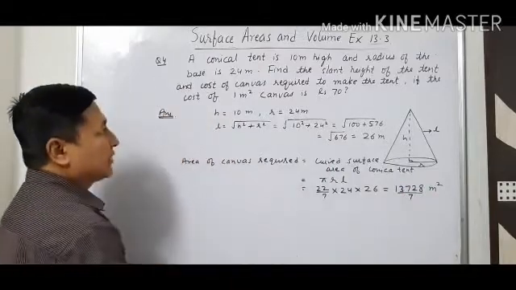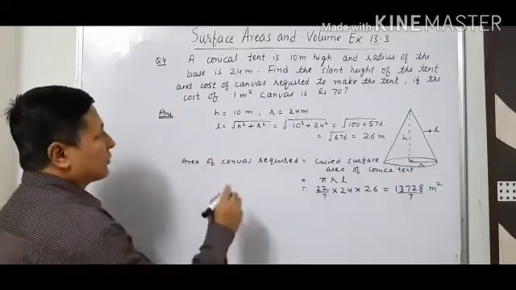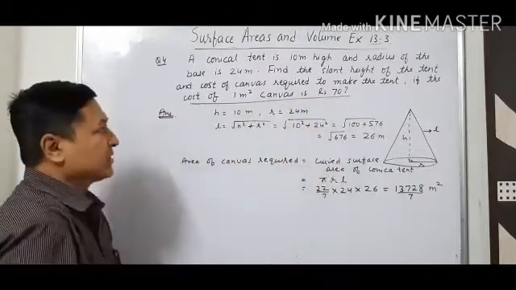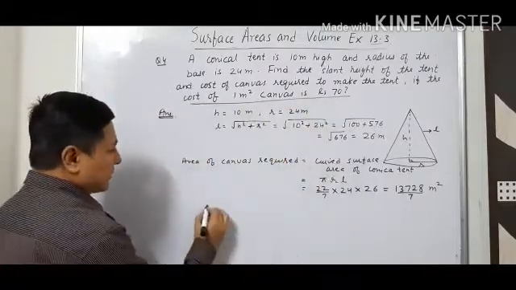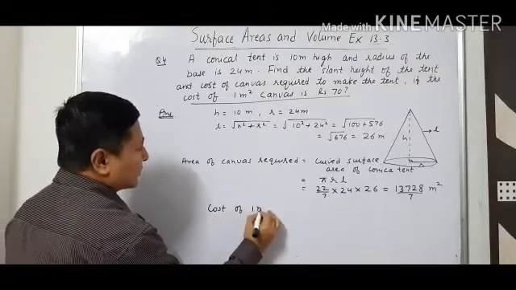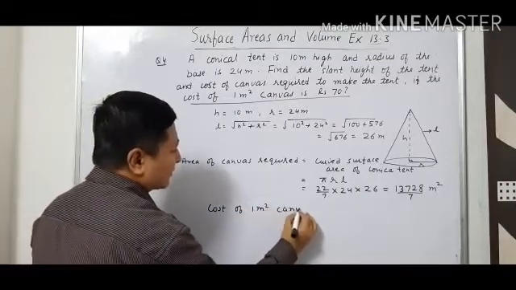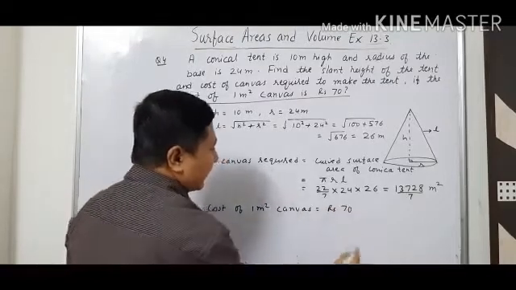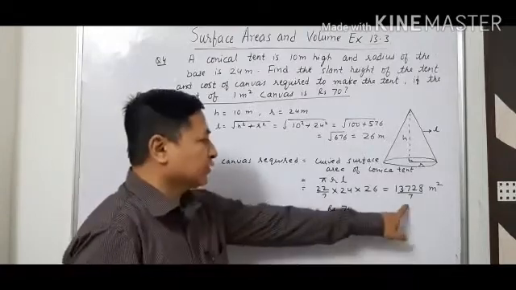Now we have to find the cost, and in the question it is given that cost of 1 meter square canvas is rupees 70. So cost of 1 meter square canvas equals rupees 70, and how much canvas do we require? This much.